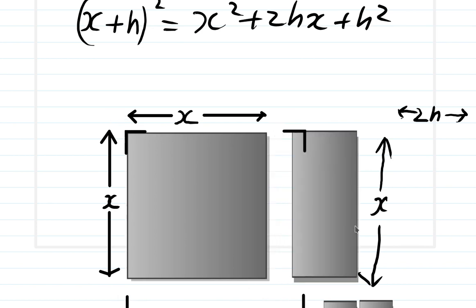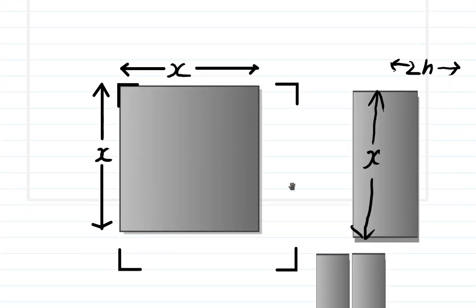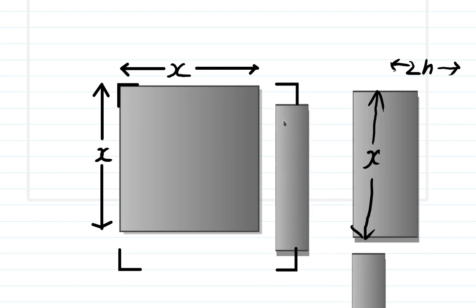Half of this rectangle would fit within this area here, and the other half would fit in this area. So I already cut the rectangle into these two other rectangles. These are the two rectangles. This is one.